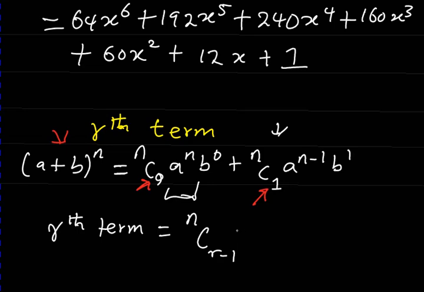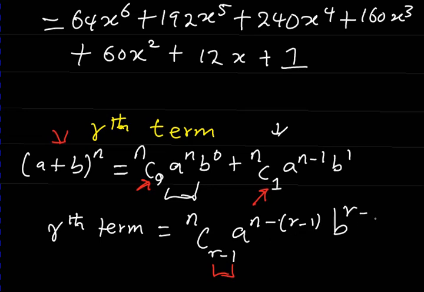Then a raised to the power of n, minus (r minus 1), so it will be reducing by the same value, and the b will be increasing by that same value, r minus 1.